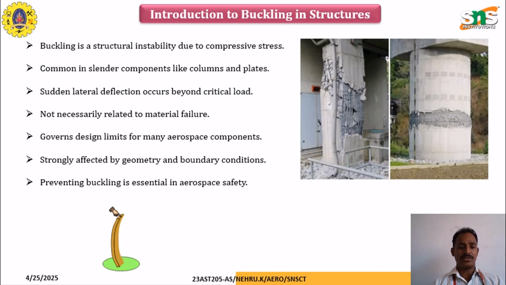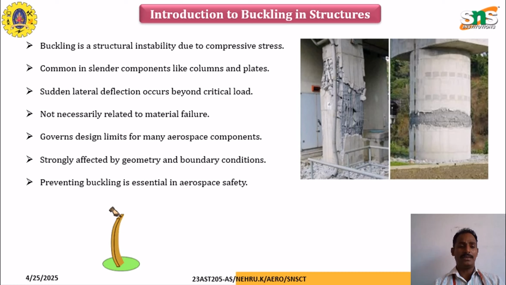Sudden lateral changes in shape and dimension occur beyond the critical load. This compressive load makes the structure unstable, which creates the buckling of the structure. It is not necessarily related to the material for this failure.